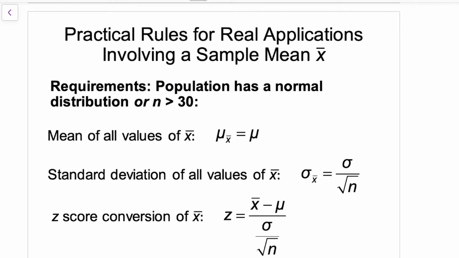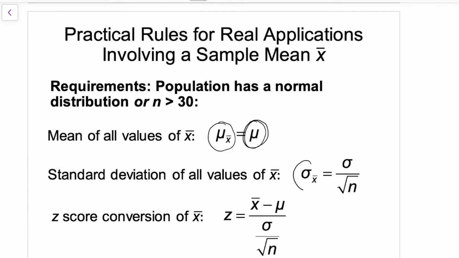So how do we use the central limit theorem in applications? What we're going to have is, for a population that has a normal distribution or a sample size greater than 30, the mean of our approximated normal distribution is equal to the original mean of the distribution.